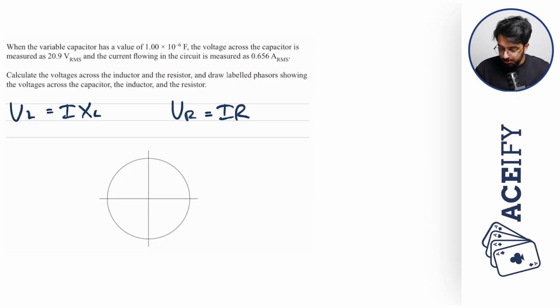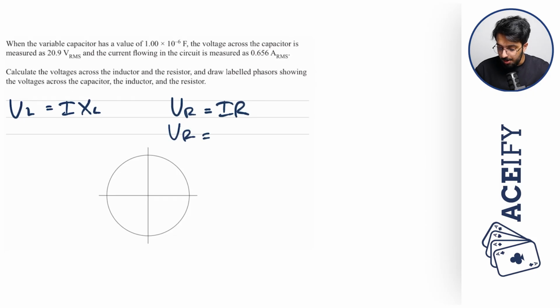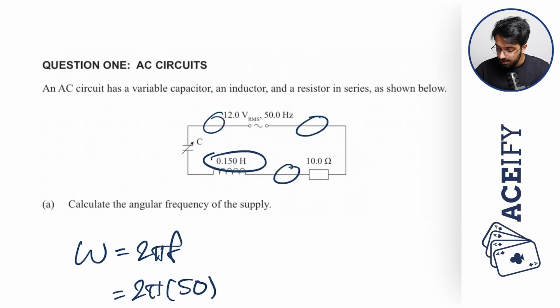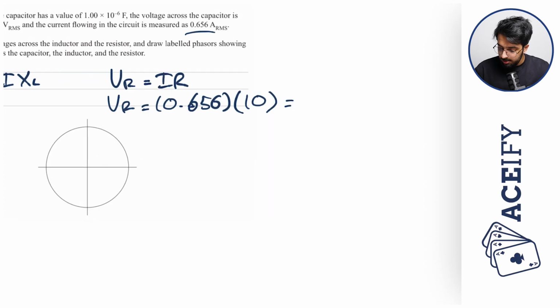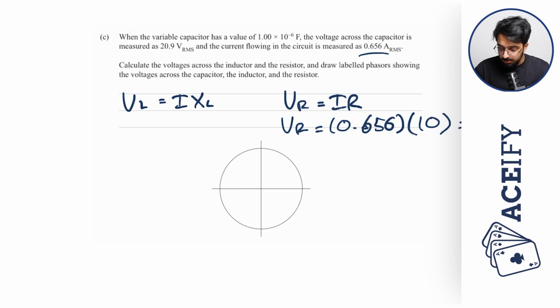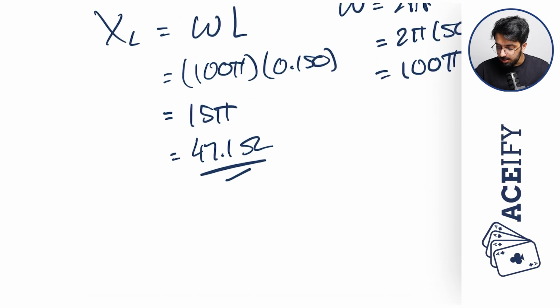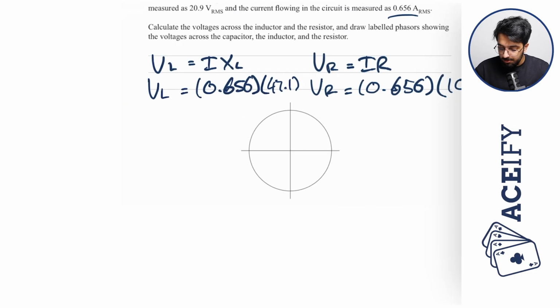And so therefore the voltage of our resistor is equal to our current, which is 0.656, multiplied by our resistance, which is 10 ohms, and this gives a value of 6.56 volts. Alright, as for our inductor, it's equal to the current, so that again is 0.656 because it's the same at all points, multiplied by our reactance, which we just found as 47.1, and this gives a voltage of 30.9 volts.